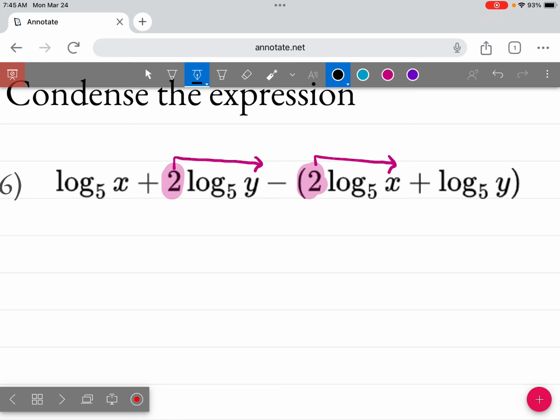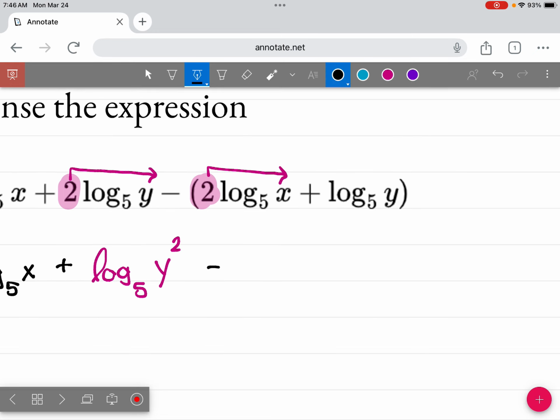So our first step on this rewrite, condensing this down, our first guy's not changing at all, our log base 5 of x. Then we're going to have a plus, and our log base 5 of y squared, minus, and then we have this parentheses. We can do that.